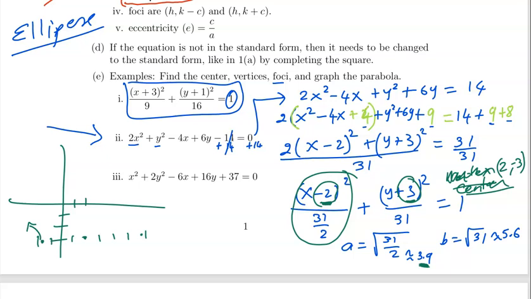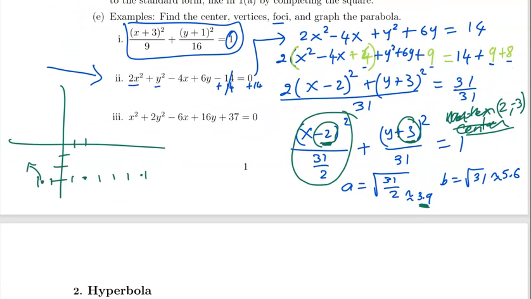The longer one is 5.6. Oh, my bad, I need to move this one here. So I go 1, 2, 3, 4, 5 and 6. So 5.6, that's my vertex, because remember the longer one becomes the vertex.